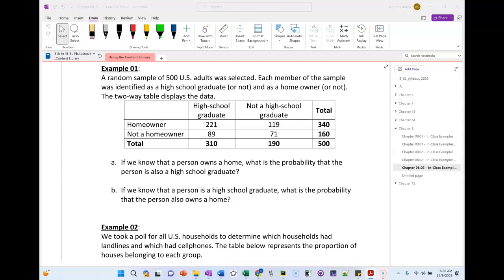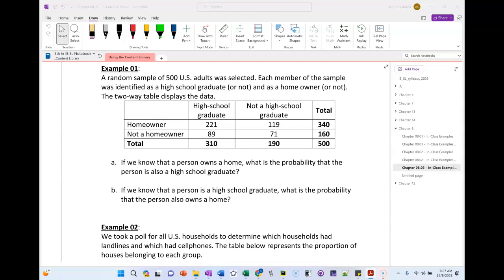Nope. So you're close. Did you recognize it's a conditional probability? Because it says if we know the person owns a home, that's our condition, right? So the conditional probability is graduate given that they own a home.